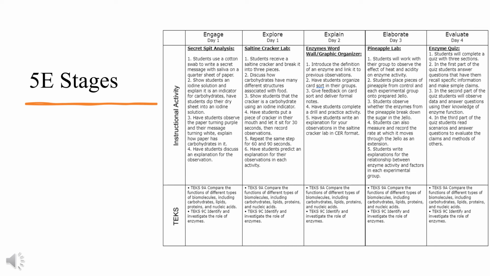We see a lot of STAAR test questions in which they're looking at data, using their understanding of enzymes to work with that data and answer questions based on it. And for the third part of the quiz, students are going to read scenarios and then answer questions that evaluate the claims and methods of other hypothetical students or people, manipulating the same things that they were in their explore and their elaborate.